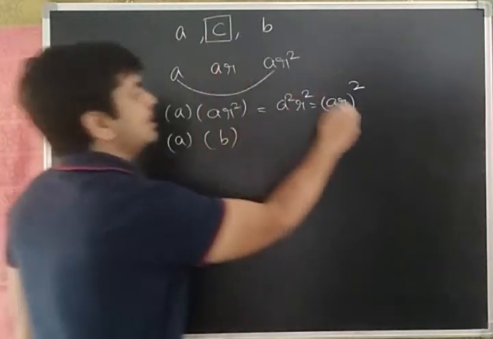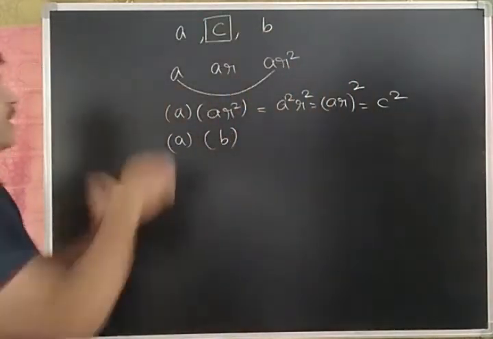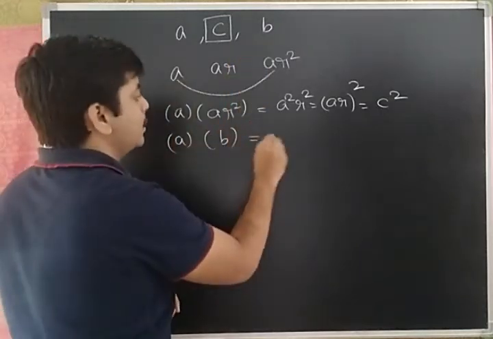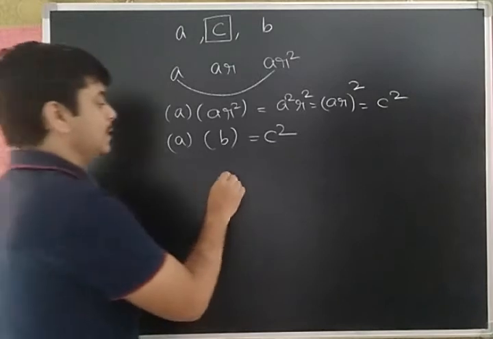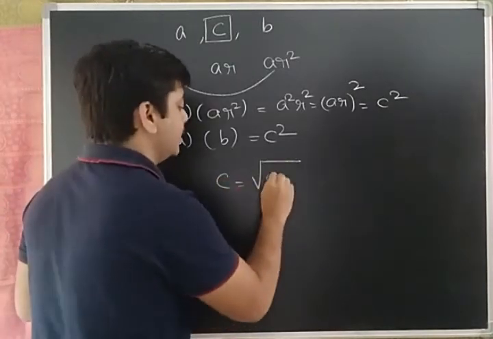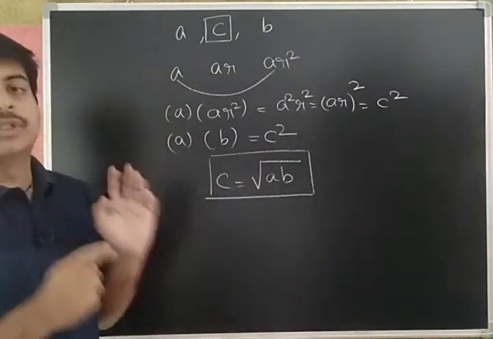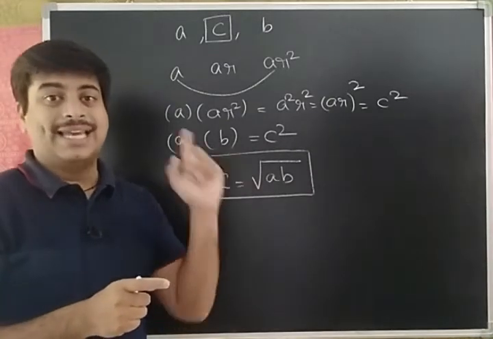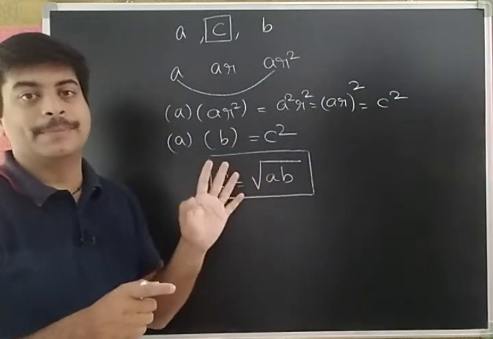AR is nothing but C square. So the product of A and B will give you the term C square. I want the value of C, so C is simply equal to root over AB. So the geometric mean of two terms A and B is root over AB.